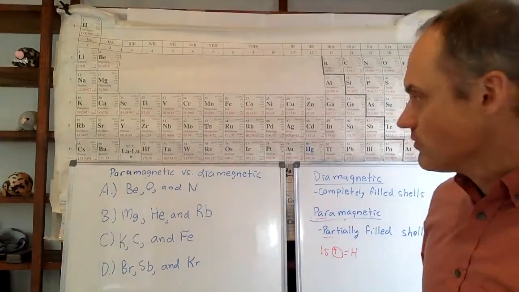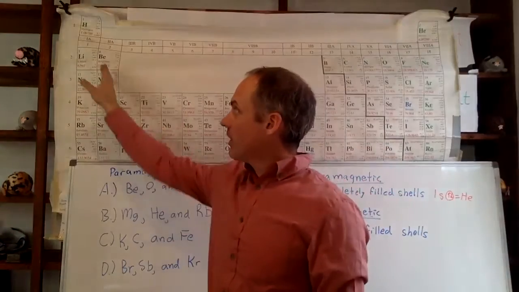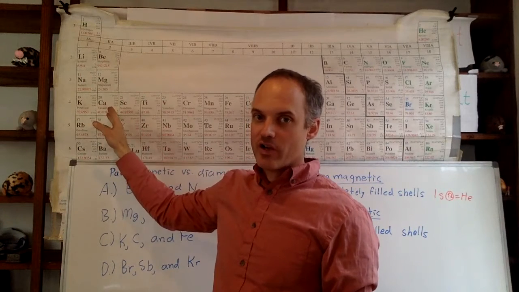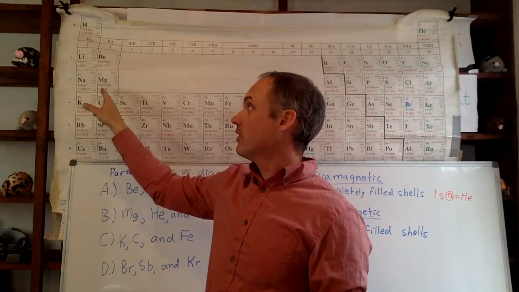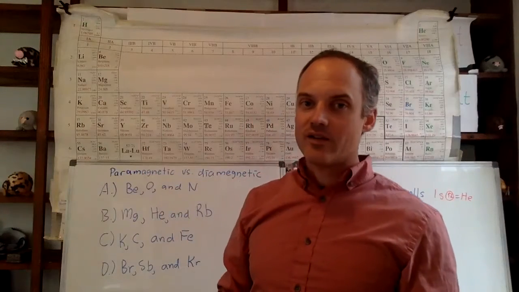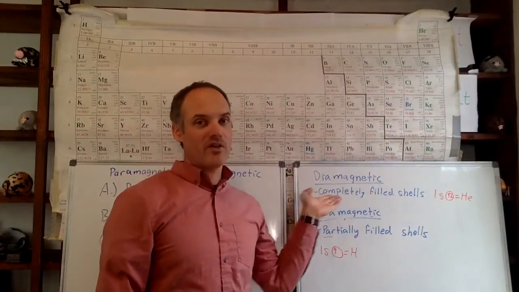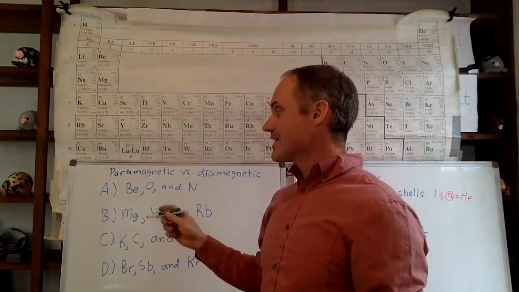So looking first at beryllium, you'll notice beryllium is an s2 configuration. These are all s2 configurations. Beryllium, magnesium, calcium, strontium, barium all represent a completely filled shell, diamagnetic. So beryllium is diamagnetic.